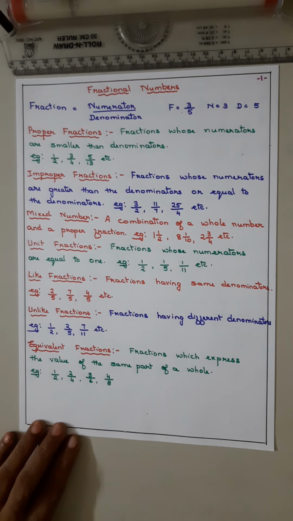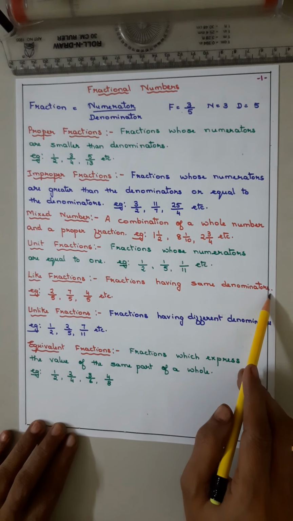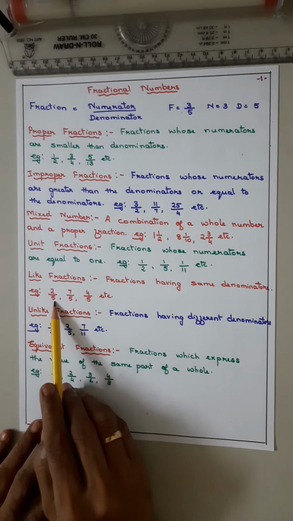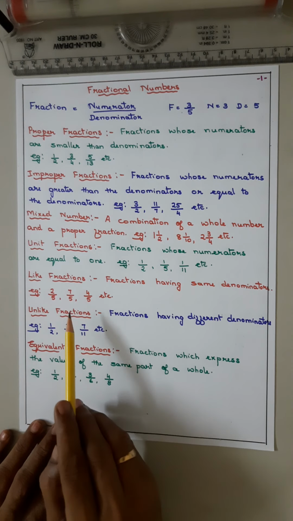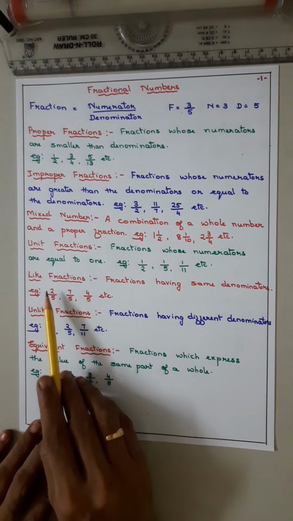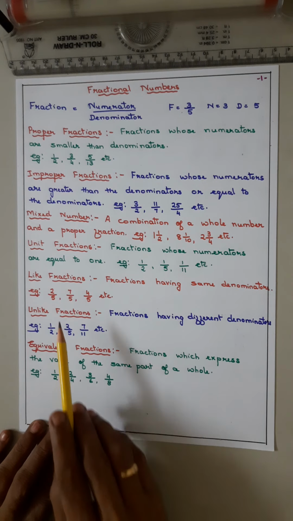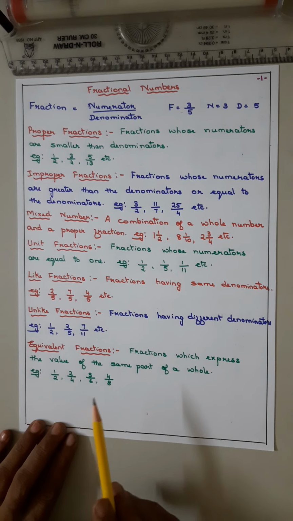Now like fractions: it will be 2 or more. Looking at the group, you will say. The fractions having the same denominator, meaning 2 by 5, 7 by 5, 4 by 5, in all the denominator is the same, then this group is called like fractions. Now unlike fractions have different denominators.